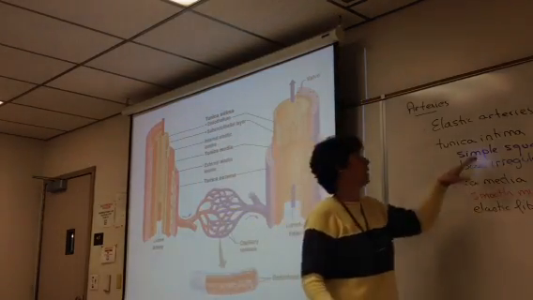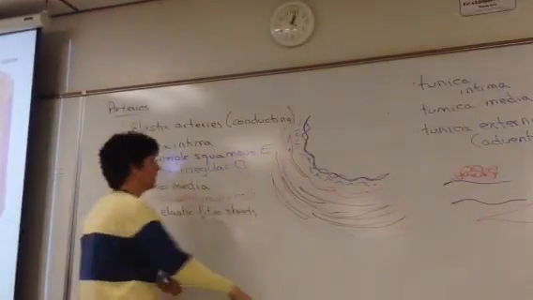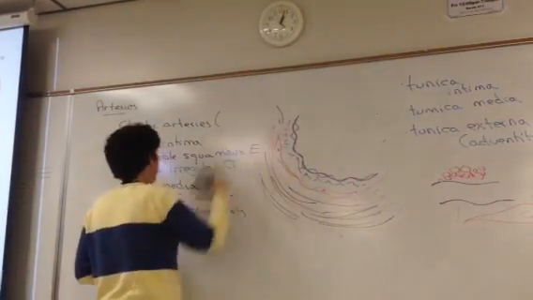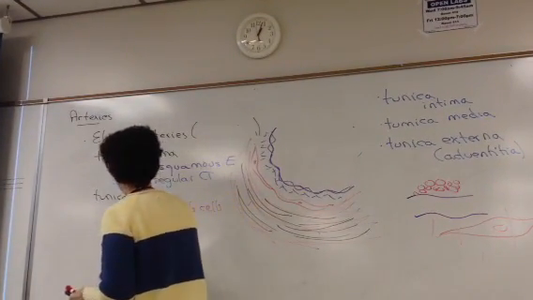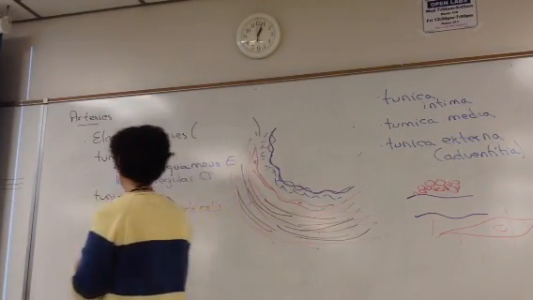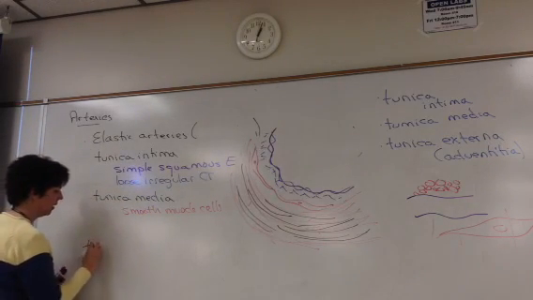All right, now let's look at muscular arteries. So I'm going to leave up most of this. I'm going to erase the elastic fiber sheets. Let me put the tunica externa up here first.